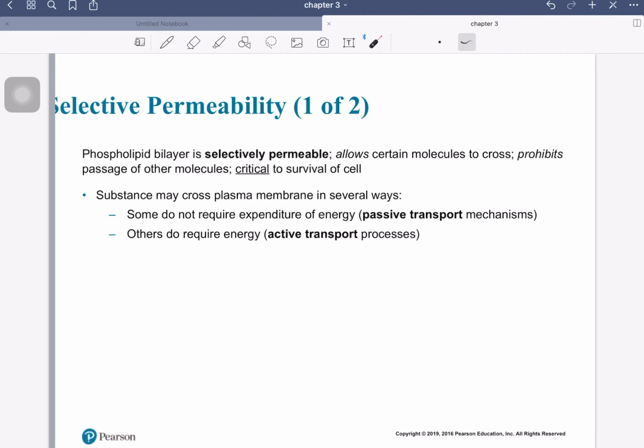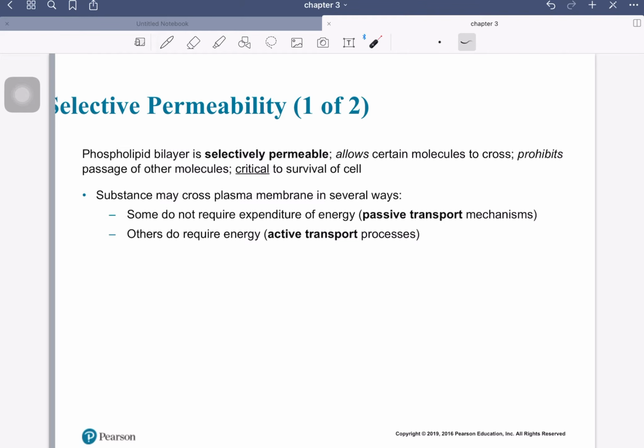Now, substances may cross the plasma membrane in two major ways, and then there are subtypes within each of these two major categories. The two big ways we can break all these mechanisms down is whether they are a form of passive transport, which means I don't have to spend energy, or active transport, where I have to invest energy, and usually that energy is in the form of things like ATP.